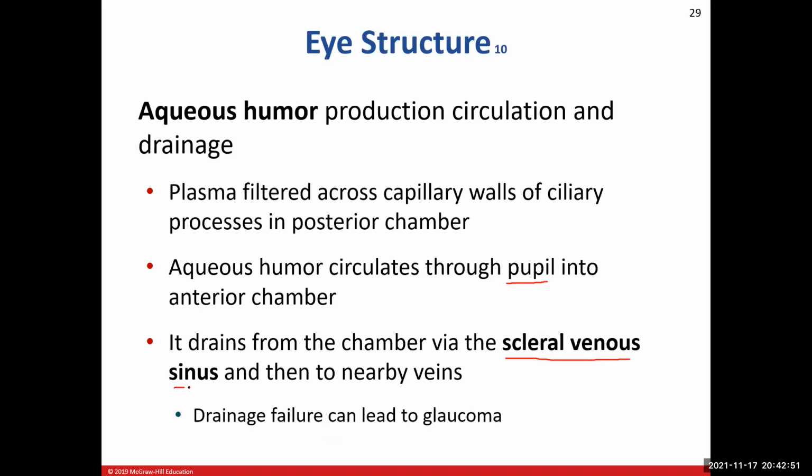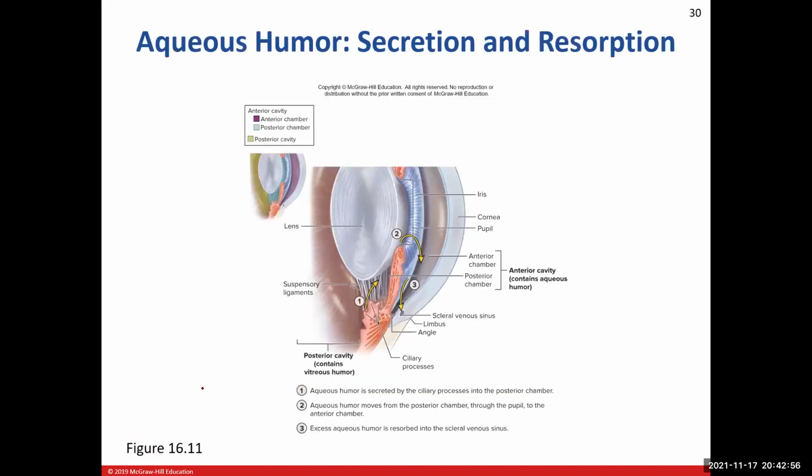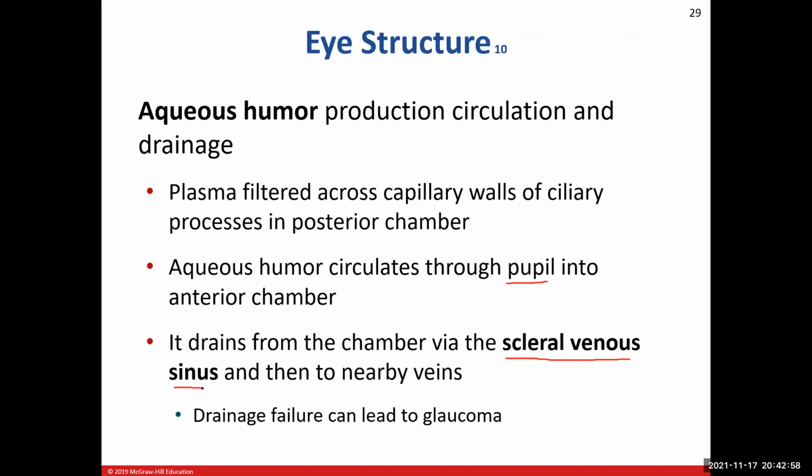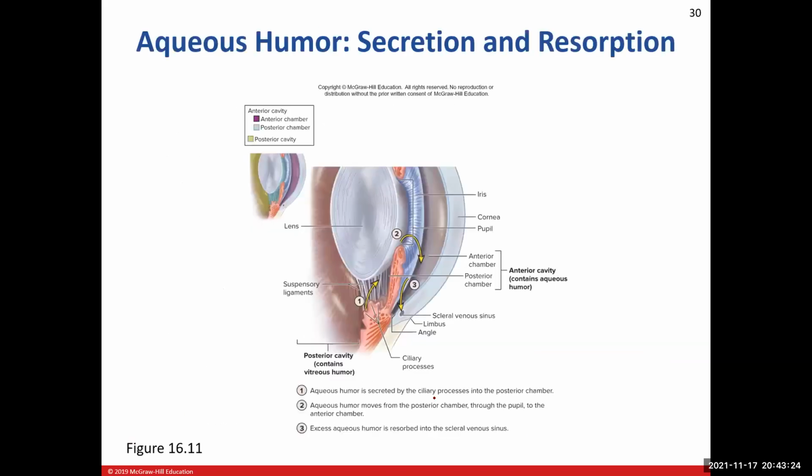It's located where the cornea meets the sclera. It'll drain it out, much like how we talked about cerebral spinal fluid in the arachnoid villus. Unfortunately, if there's something wrong with the sclerovenous sinus, then you can get glaucoma. And that can be an issue for us.